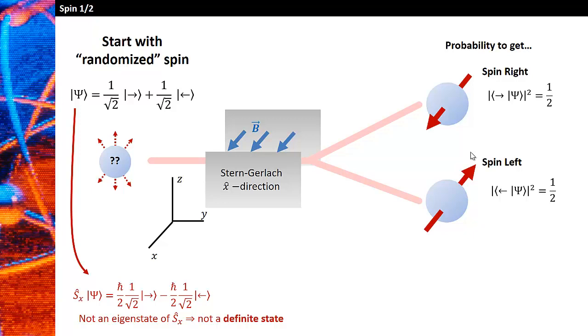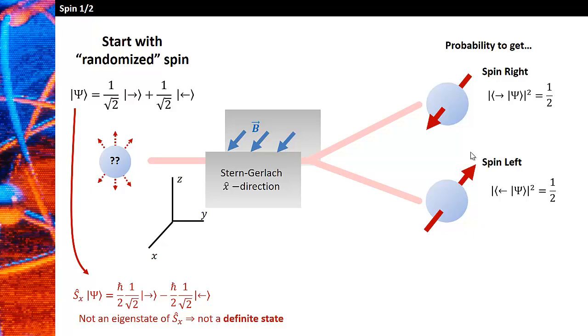So here I have a magnetic field that's pointing in the positive x direction instead of the z direction as we had before. And we're interested in taking a state that starts with a quote-unquote randomized spin, by which I mean, again, a state that is not an eigenstate of the Sx operator, and so it is a mixture of right and left states. And I'm going to send this through my Stern-Gerlach experiment that's pointing now in the x direction.